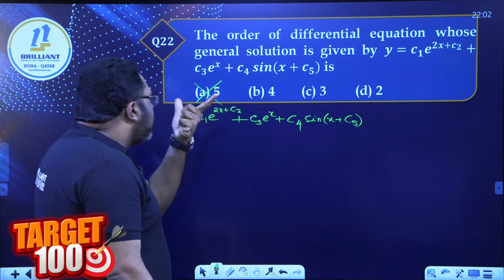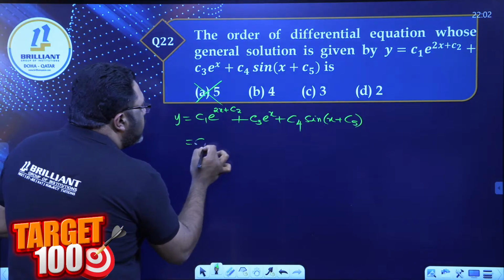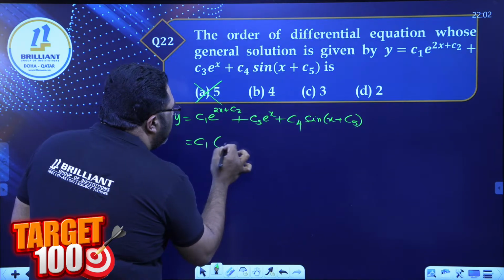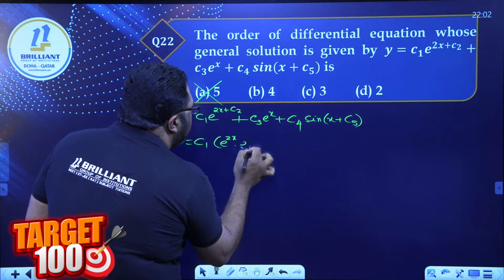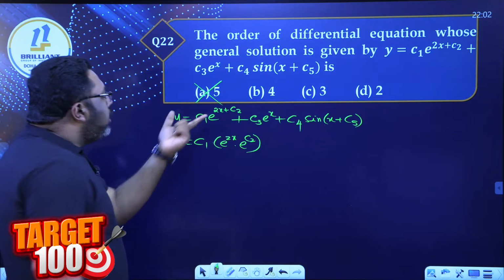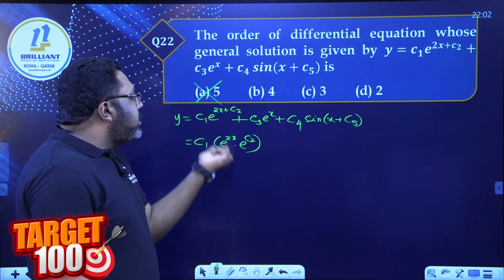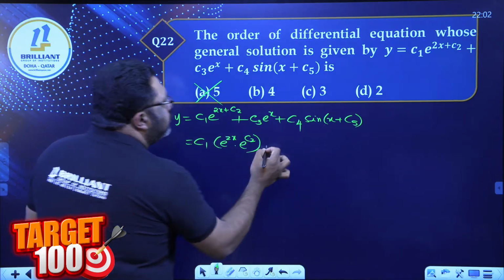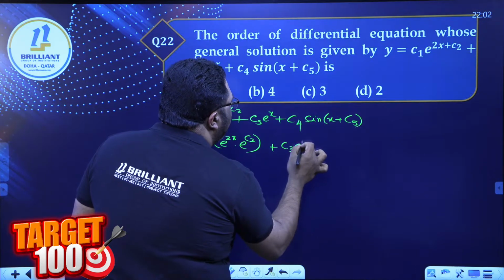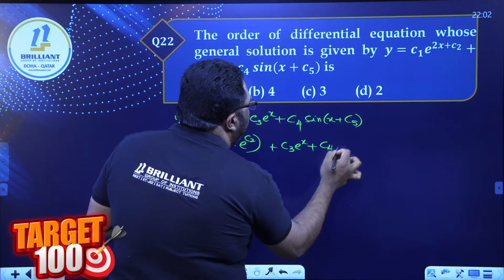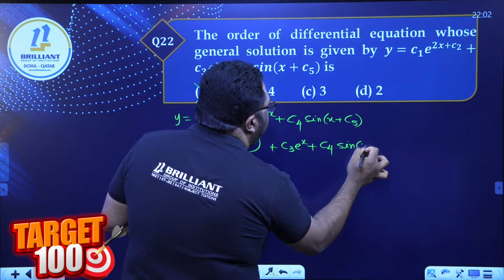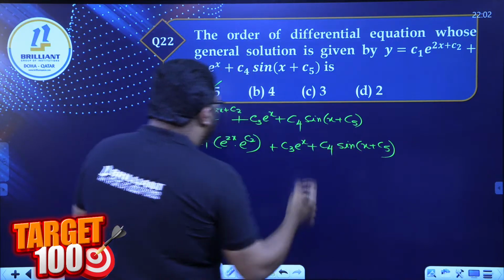Please listen to what I am doing here. C1 into e raised to 2x plus C2 is C1 e raised to 2x into e raised to C2. Then C3 e raised to x, and C4 sine of (x plus C5).